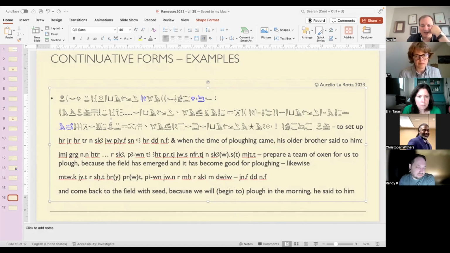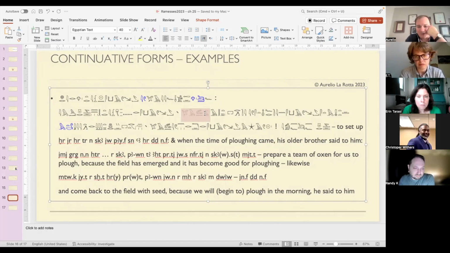It's a command. So they're not preparing it together. So it's kind of weird. Maybe it is just prepare for us, like we had it, prepare for us a team of oxen or a team of animals to plow. In any case, these are likely imperatives up here.